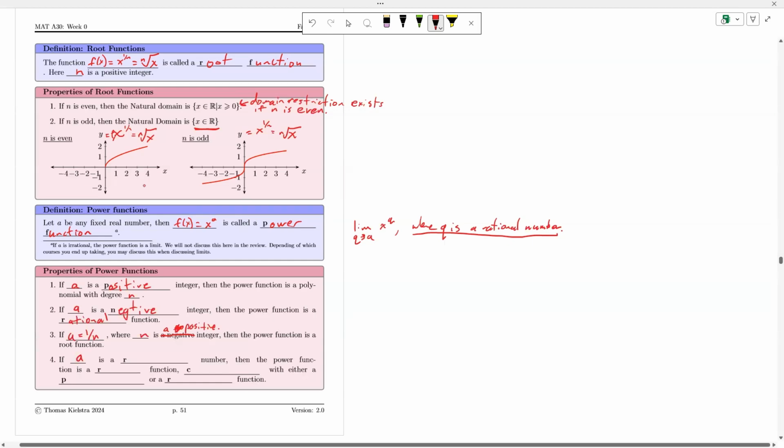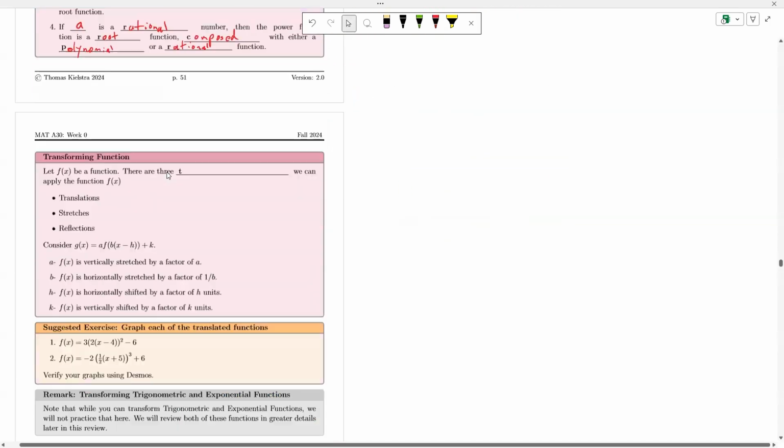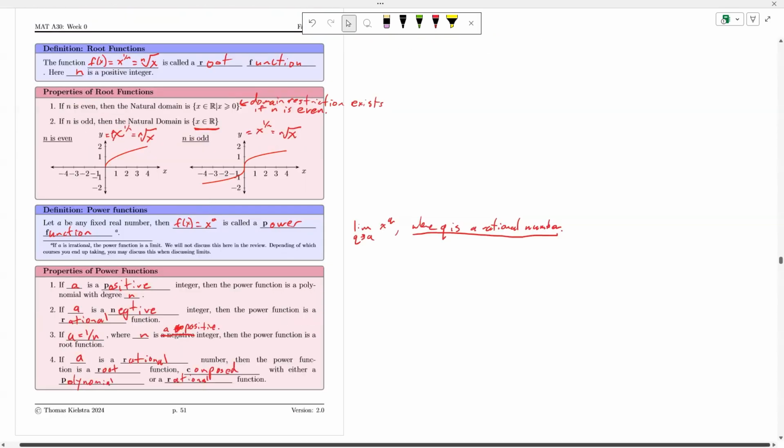And if a is a rational number, then the power function is a root function composed with either a polynomial or a rational function. We'll discuss this more with examples, and especially when we talk about composition. We'll discuss these properties.